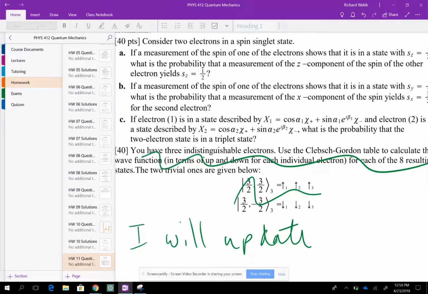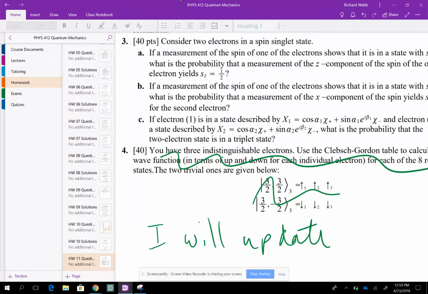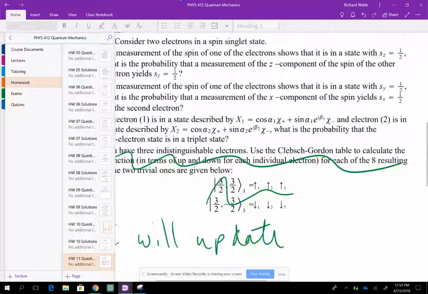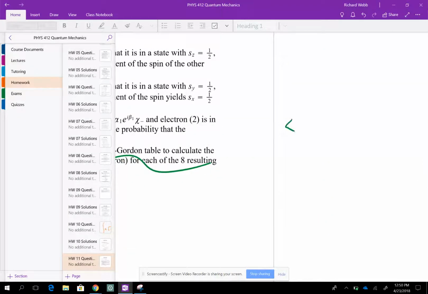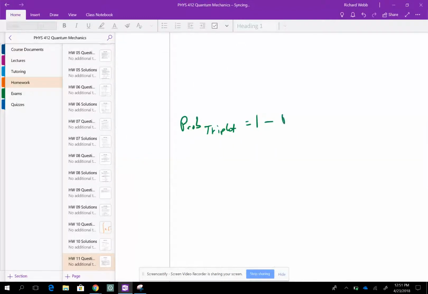What you're going to do here, I have to think through the whole problem. I can't answer without thinking about it carefully. I do remember one thing: the probability of being in the triplet is equal to 1 minus the probability of being in the singlet.